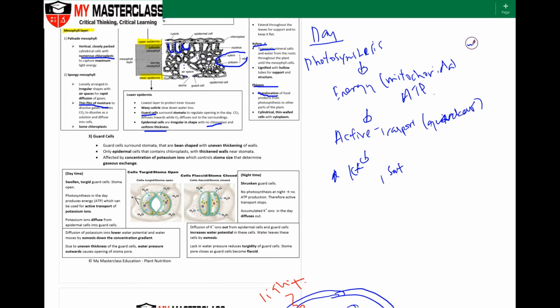So when in the guard cell, or in any cell including your guard cell, I have an increment of potassium and the salts, etc., what will happen to the water potential or the water concentration? Okay, so my water potential or water concentration is definitely going to drop. Okay, so to give you a real life example, let's say I have 10% salt in 90% water.